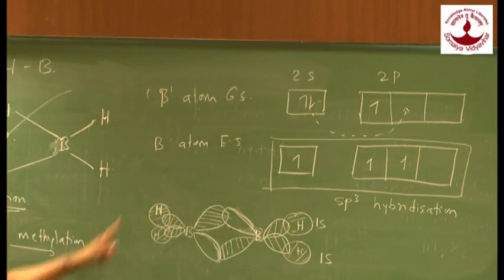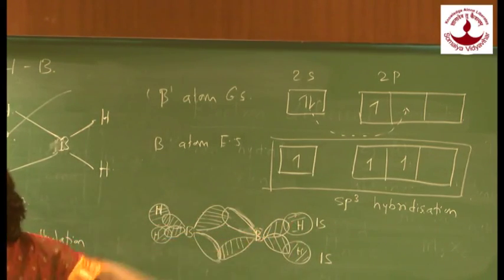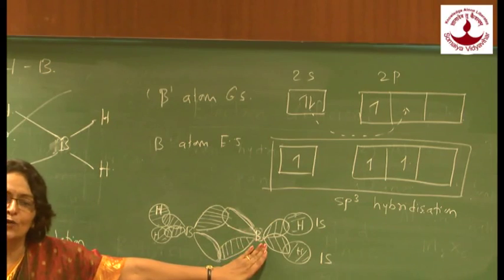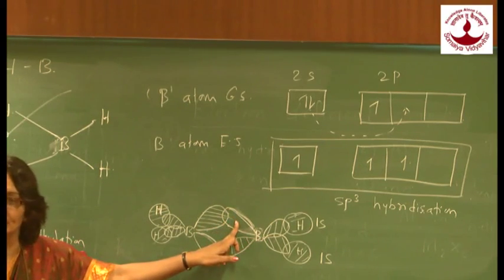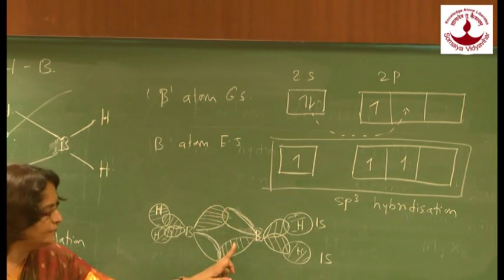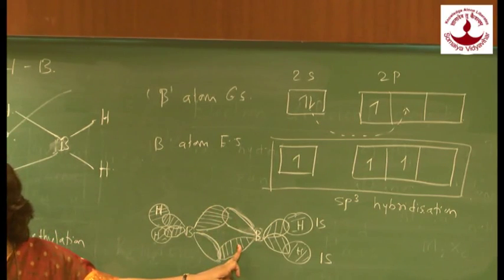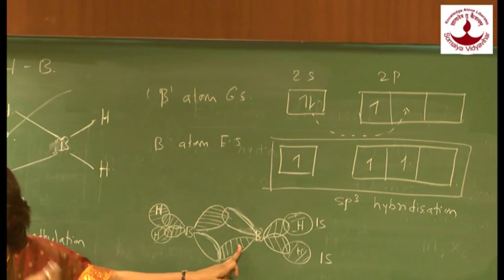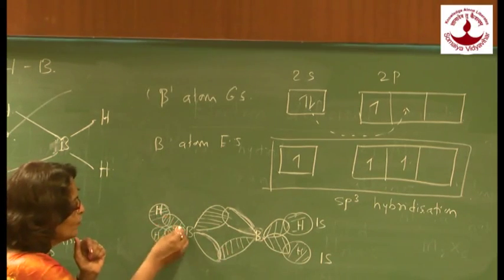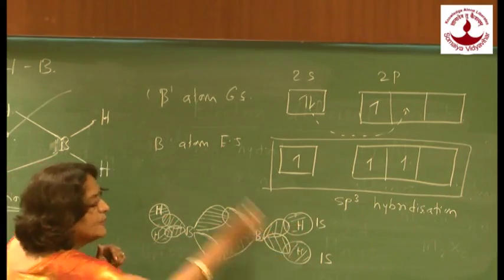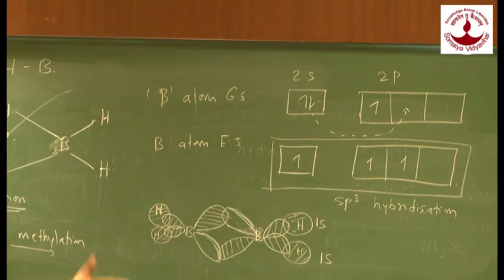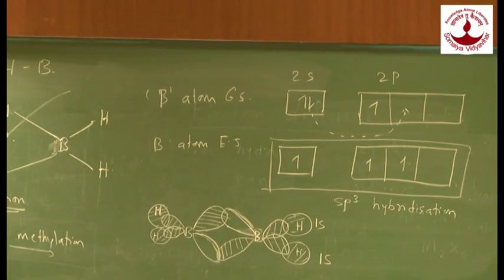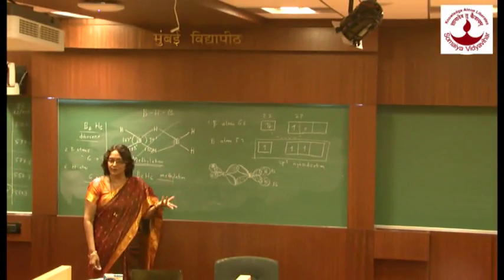So there are these 4 terminal hydrogen atoms, and then this boron also has 1 vacant sp3 hybrid orbital and 1 filled sp3 hybrid orbital. So when you consider the bonding in the B2H6 molecule, you find that these 4 terminal hydrogen atoms are bonded to the boron atoms by normal covalent bonds. Then where does the electron deficiency come into the picture?